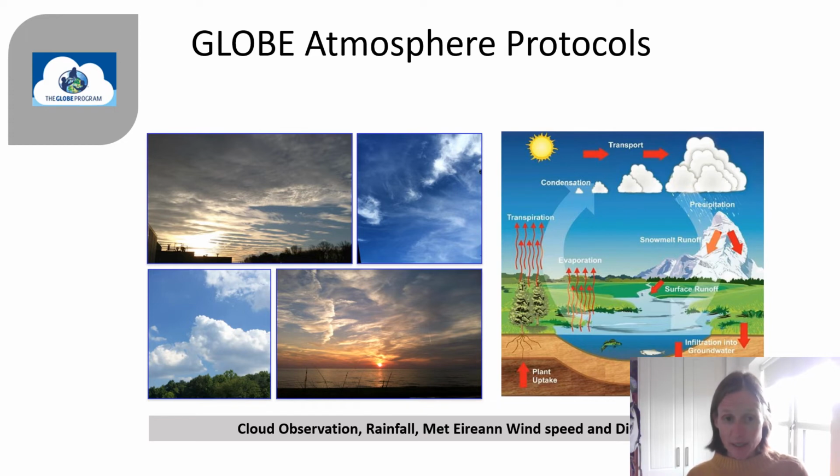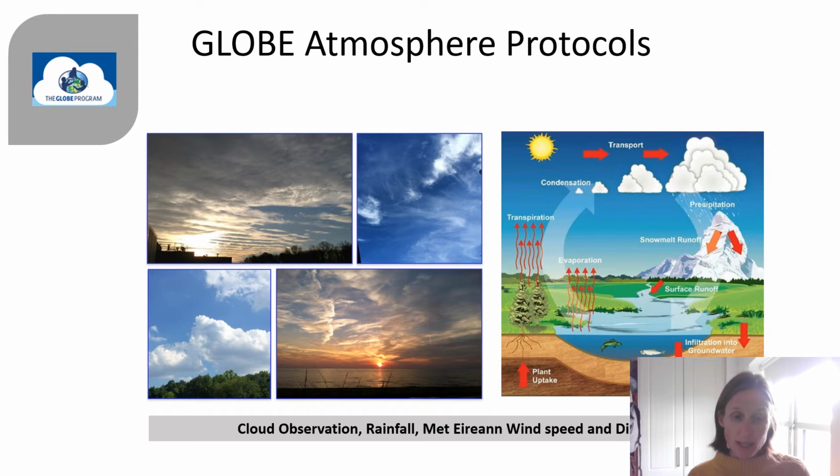The Globe website, globe.gov, has information on how to carry out all of those activities. In particular, I'd recommend the cloud observation. It's really easy. You can tie it in with satellite flyovers, and all this information is in the Globe Observer app.